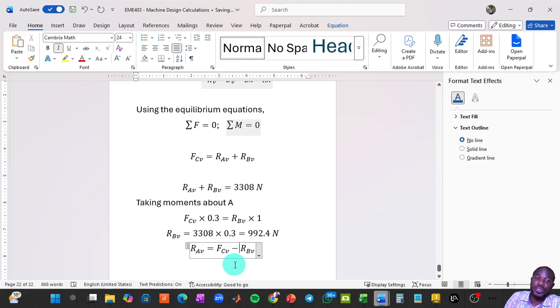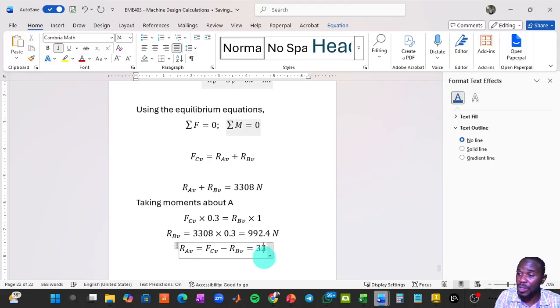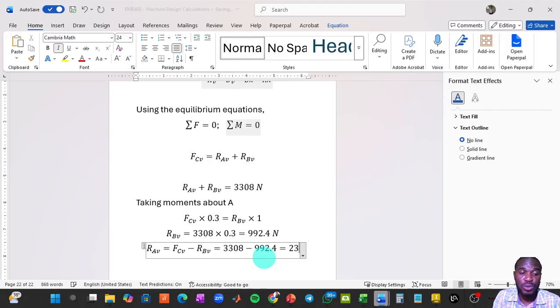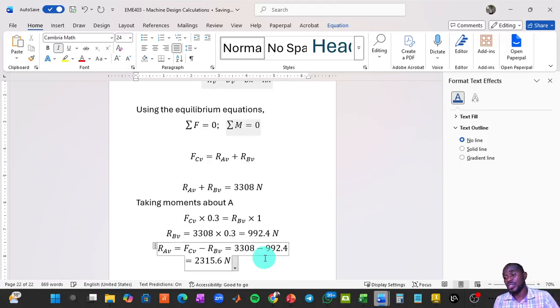Okay, so that's your RAV. Your RAV will be the value of FCV minus the value that we just found out. And so that's going to be 3308 newtons minus 992.4 newtons. And so the reaction at point A acting vertically upwards is going to be 2315.6 newtons. Okay, that's going to be our RAV.